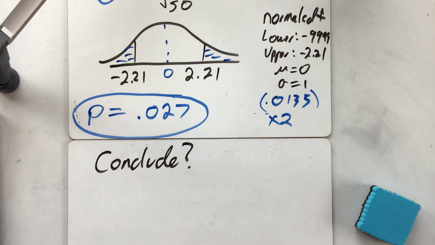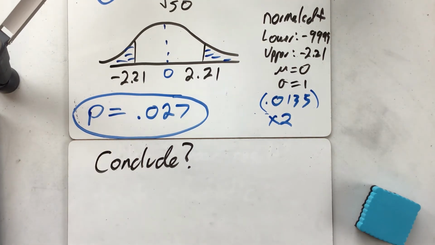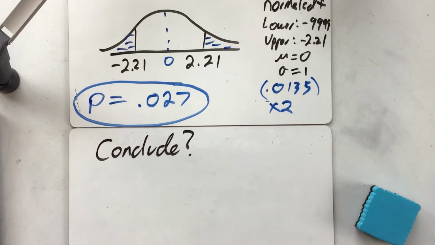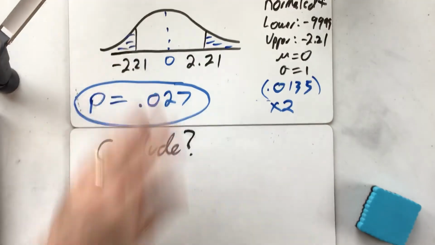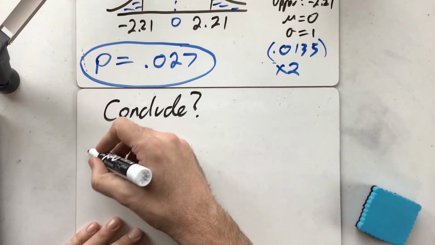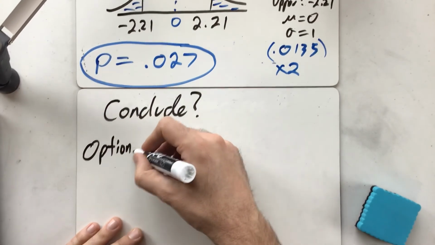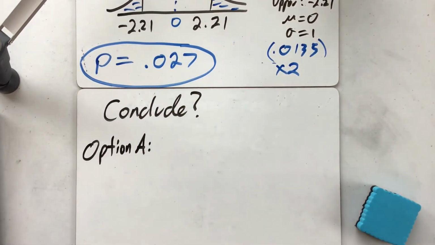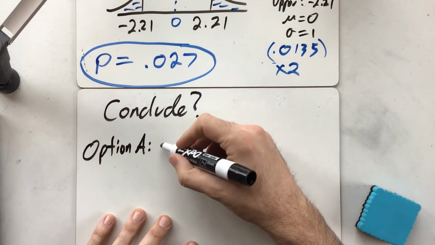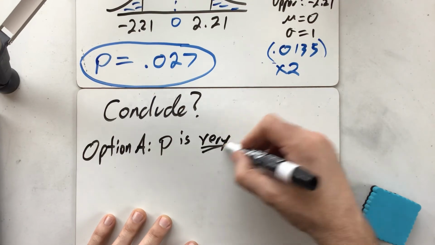And my judgment call is, is this number an unlikely number, or is it not an unlikely number? And so there are only two possible conclusions that I could come up with. Conclusion number one is that P is very small.